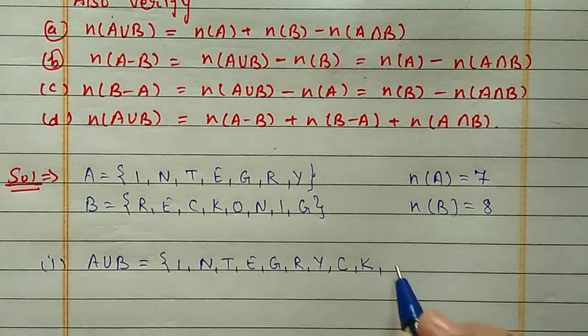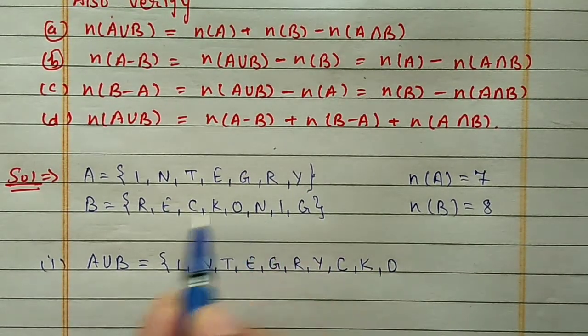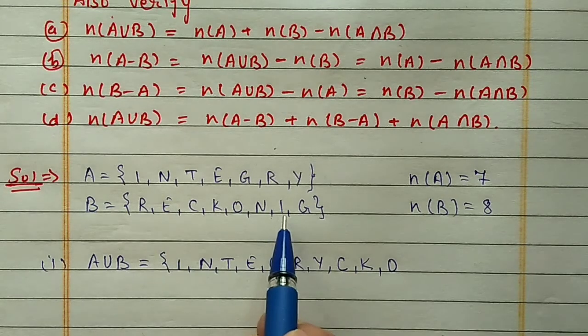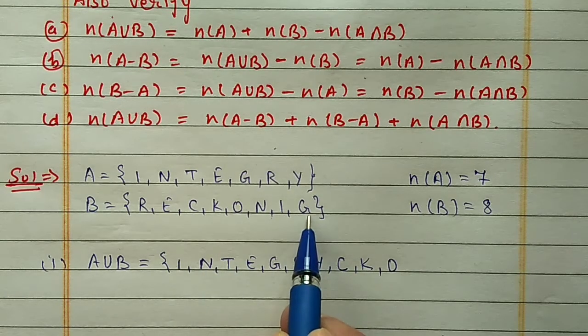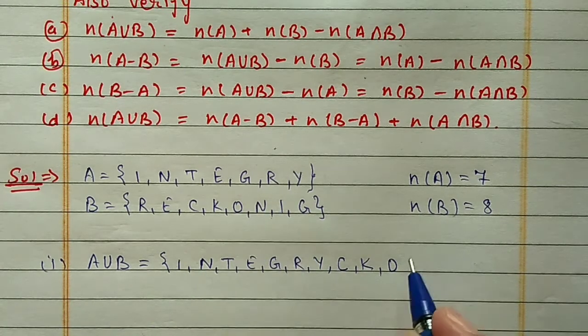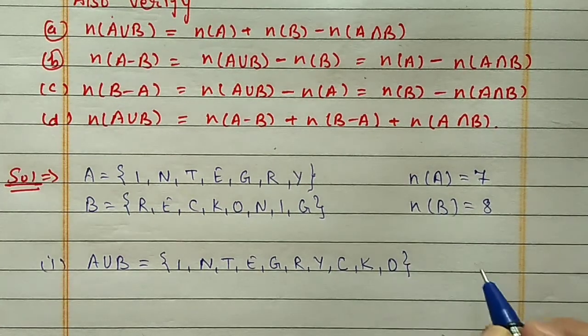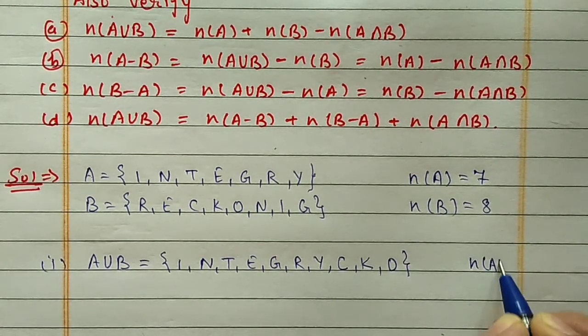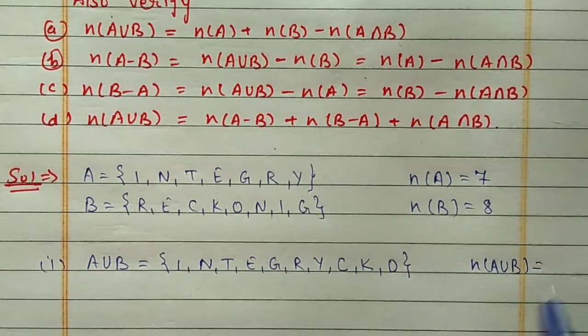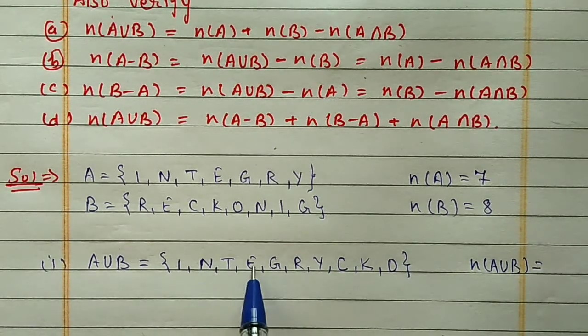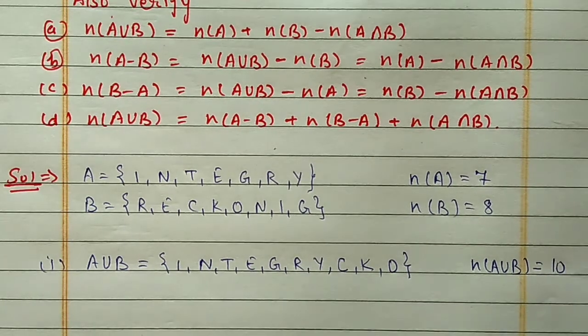O is not there. N is there. I also there. And G is also there. So till here we will write. And cardinal number of A union B is 1, 2, 3, 4, 5, 6, 7, 8, 9, 10.